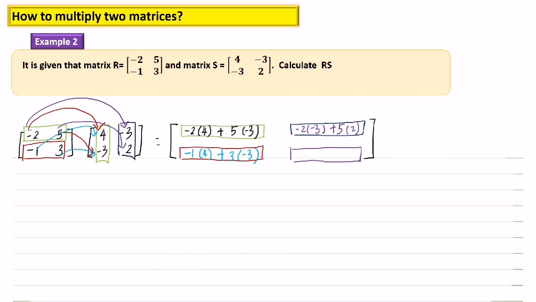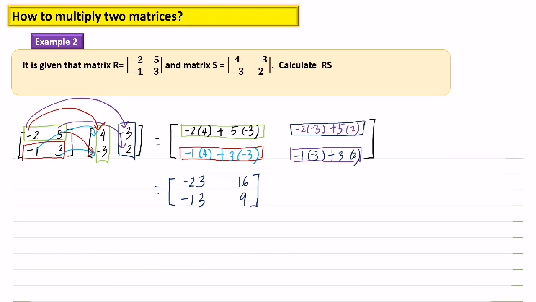And second row times the second column: negative 1 times negative 3 plus 3 times 2. You will obtain negative 23, 16, negative 13, and 9.